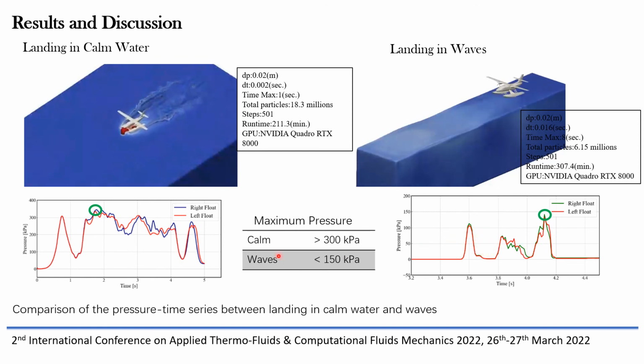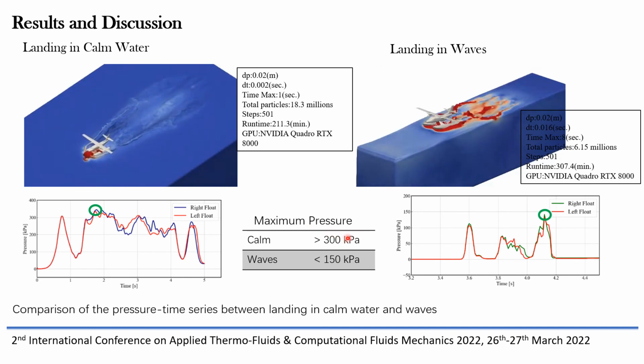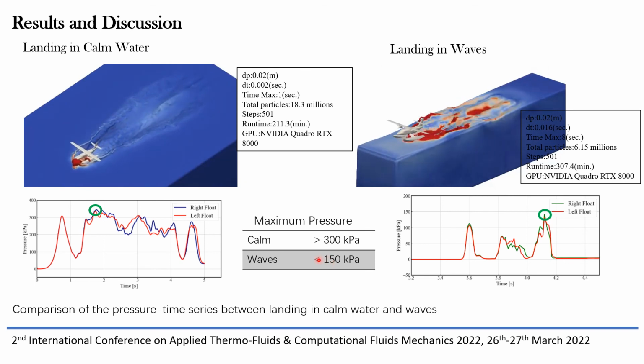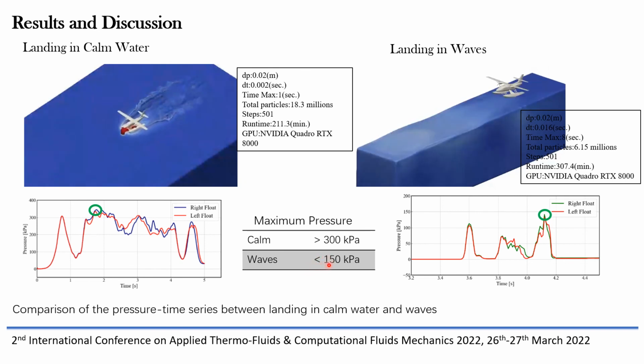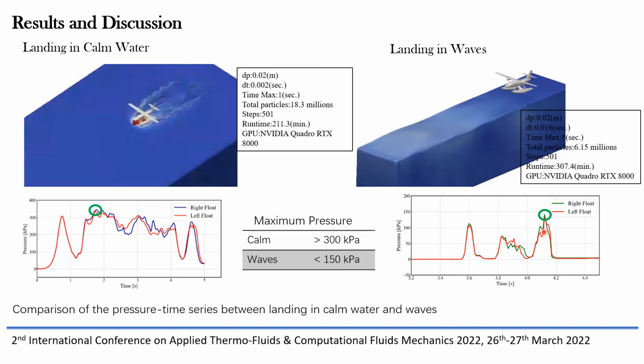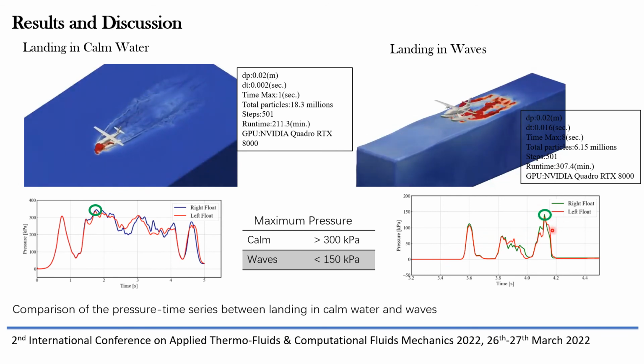So that's why the maximum pressure on the seaplane float is lower than in calm water. It is less than 150 kilopascals, and it occurs at the third wave here.